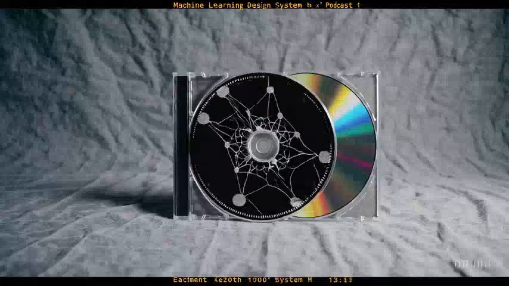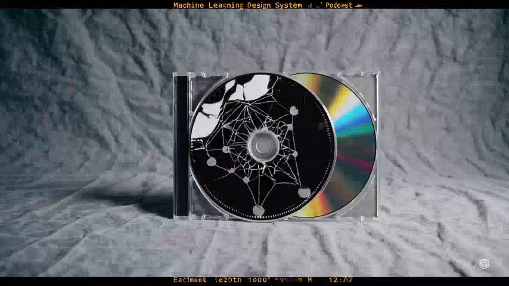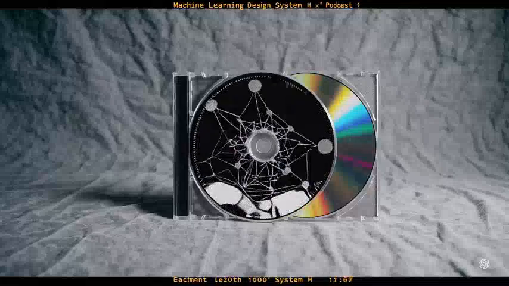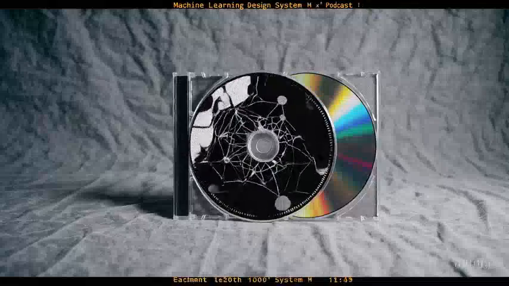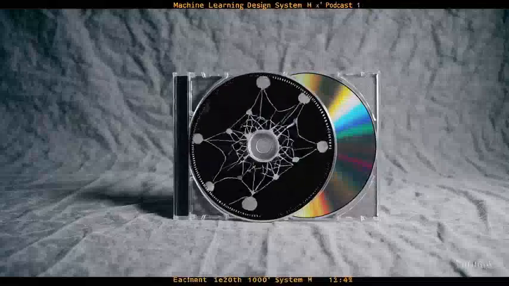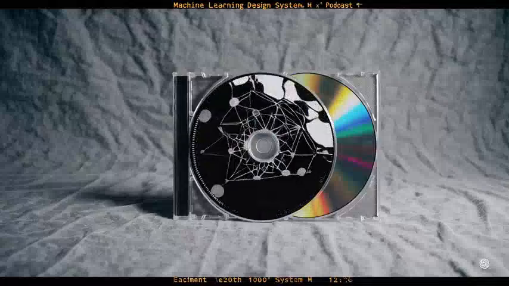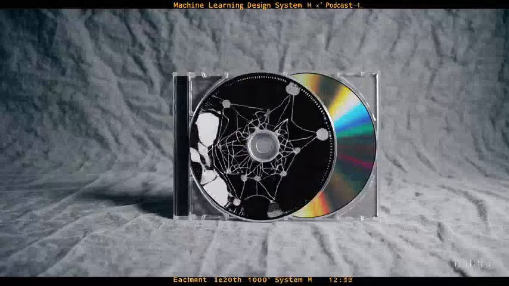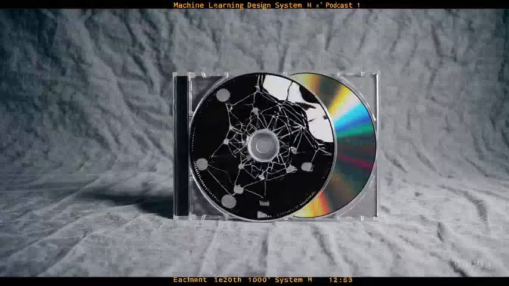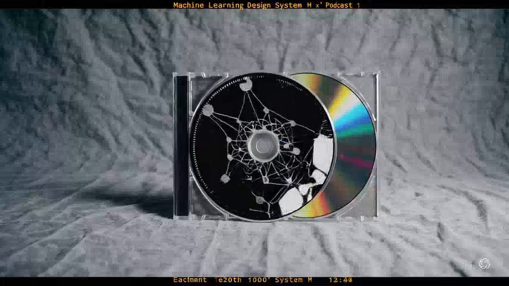Think about data drift. Data drift? What's that? Well, it's when the data your model was trained on becomes less relevant over time. Like customer behavior changes or the market shifts. Oh, I see. So the model gets out of date? Exactly. It stops being accurate.